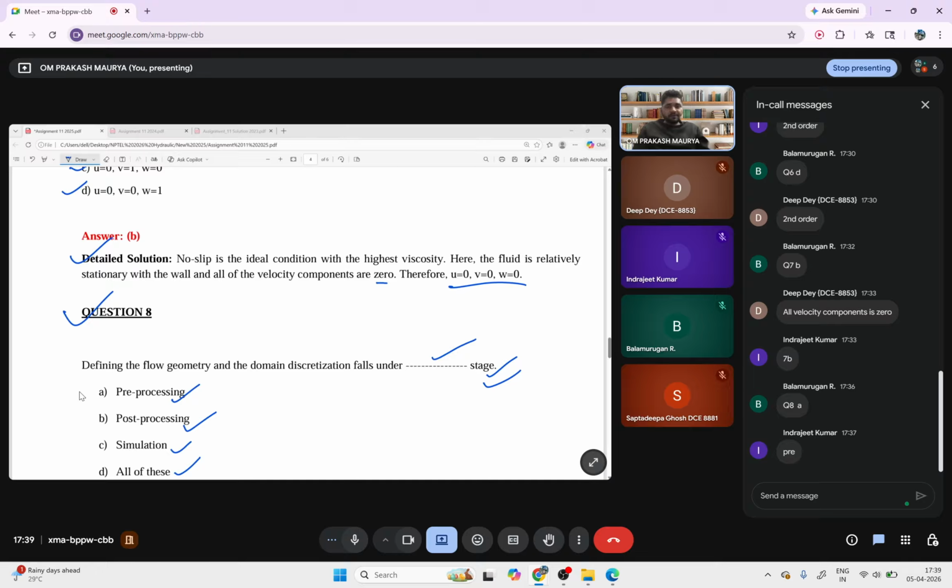A lot of free software and free tools are there for CFD. Also commercial software are there, like ANSYS and Flow 3D, and free ones such as OpenFOAM and Flow 3D, which are open source.